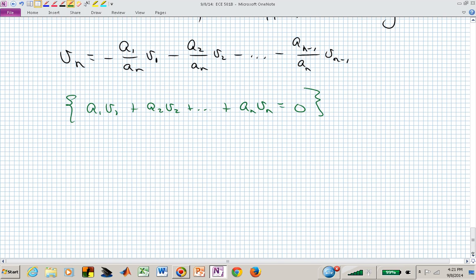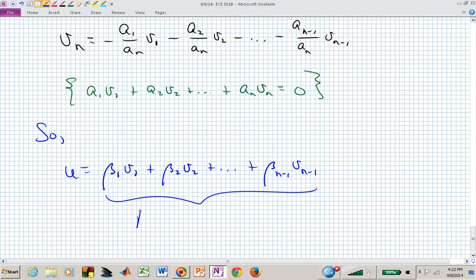By this parameterization of v sub n, we can now say u is some beta 1 v1 plus beta 2 v2 plus beta sub n minus 1 v sub n minus 1, where that's a linear combination of n minus 1 vectors.